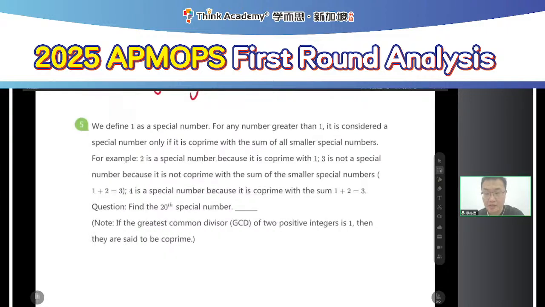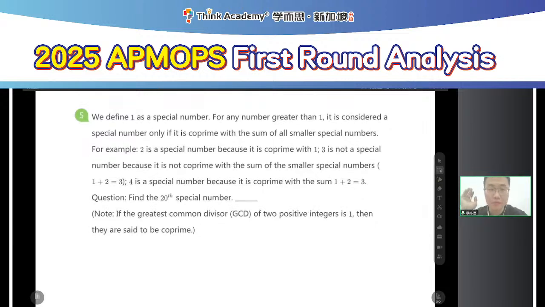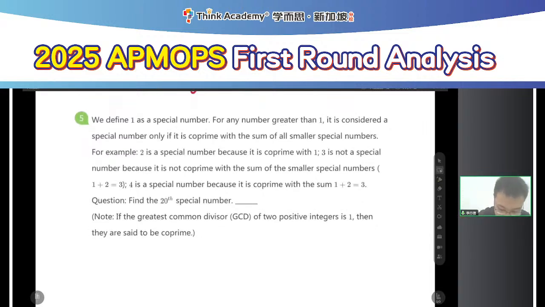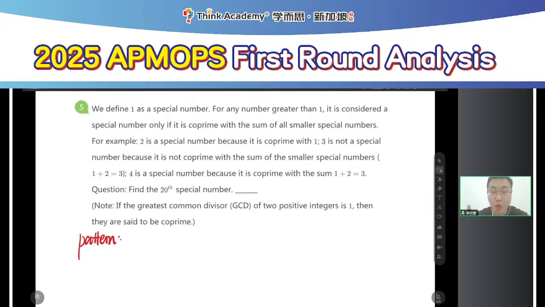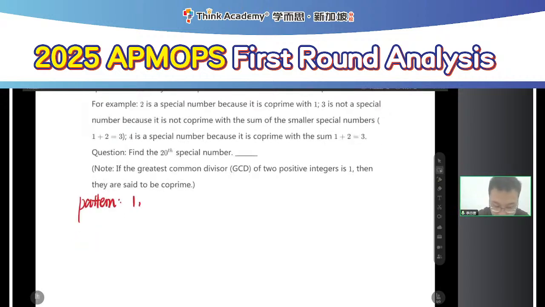Question 5, you would see that 25 is not easy. So you may be able to find the pattern here. If you list for a while, 1 is a special number, 2 is a special number, 3 is not. And then 4 is special, 5 is special because 1 to 4 is 7, and 1 to 4 is 12, so now 6 is not.